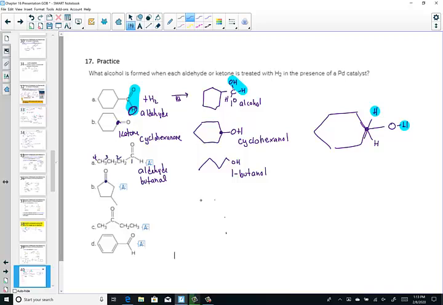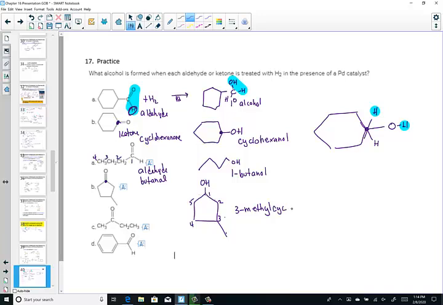Here we have a ketone in letter B. 1, 2, 3, 4, 5. Down here was a methyl group that's untouched. The ketone turned into an alcohol. We would name that 3-methyl, just to see how that was numbered.